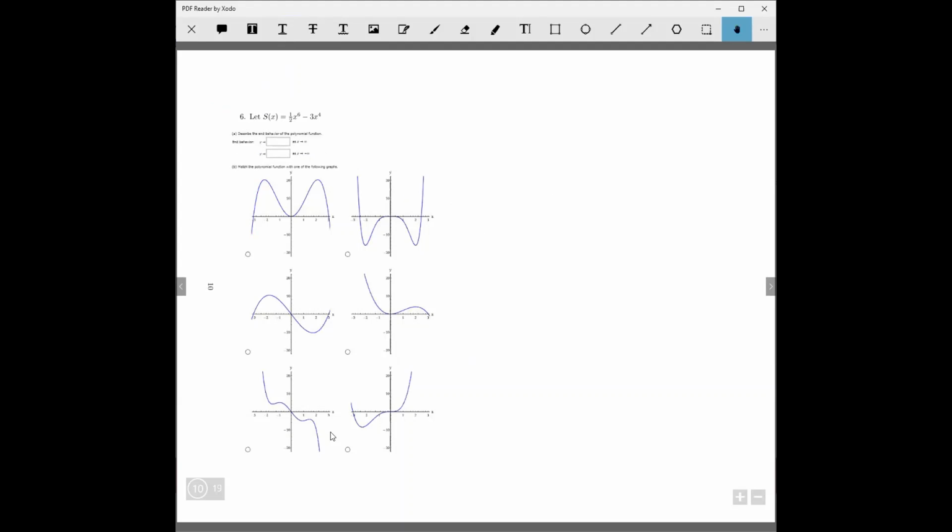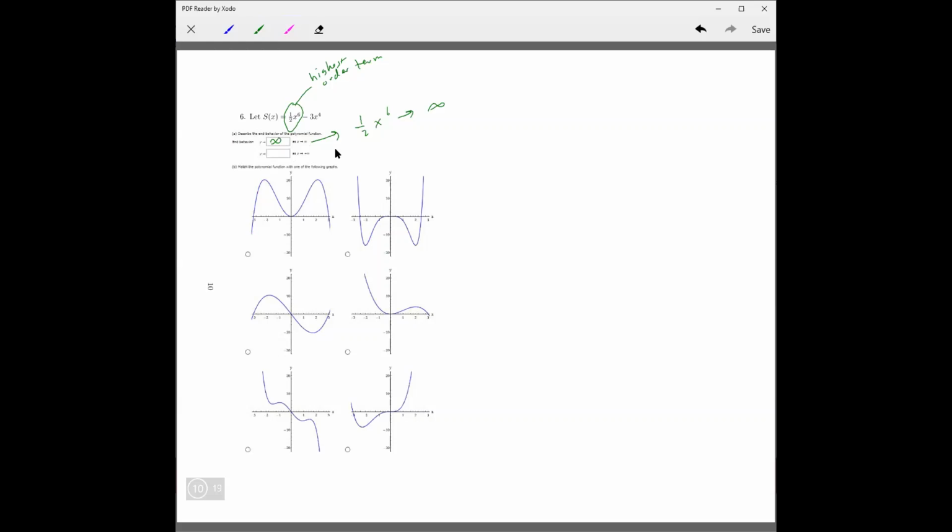Okay, here we're putting a couple of concepts together, which is end behavior. What happens as x goes to infinity? As x goes to infinity, we're just going to look at the highest order term. That's the order 6. This is order 4. As x goes to infinity, 1/2 x to the 6th is going to go to infinity.